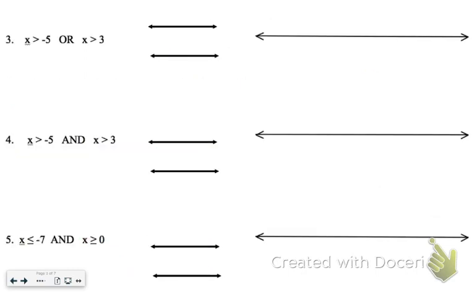If we look at our next slide, we've got x is greater than -5 or x is greater than 3. So we'll go ahead and make our two little mini graphs. We've got an open circle at -5 going to the right, and an open circle at 3 also going to the right. Because we have that word "or", we are looking for wherever there's a solution. It doesn't have to be for both, just one or the other or both.